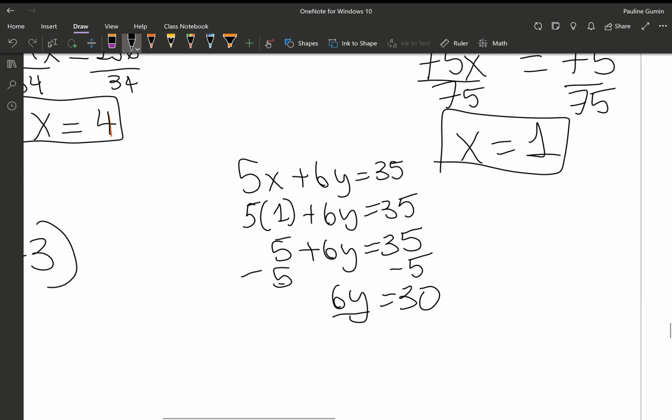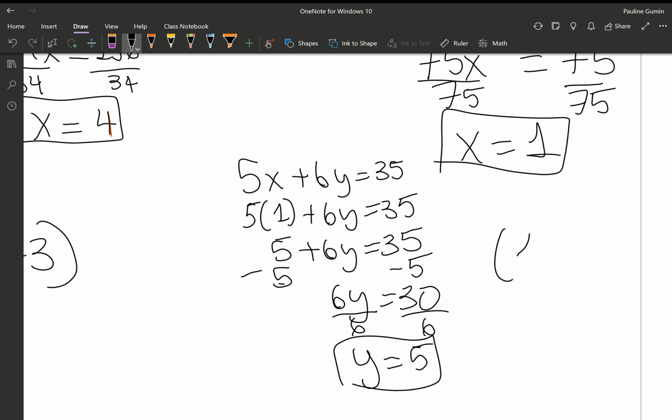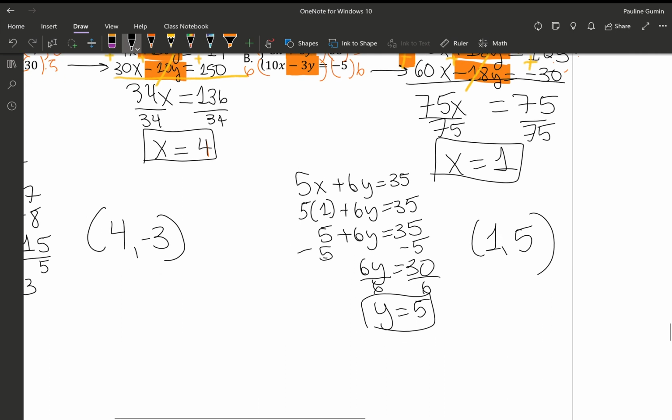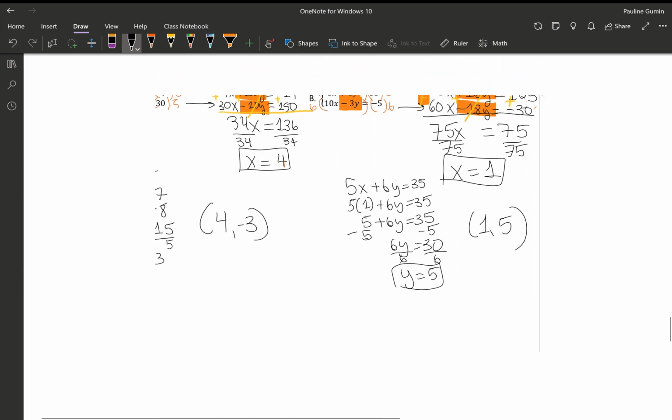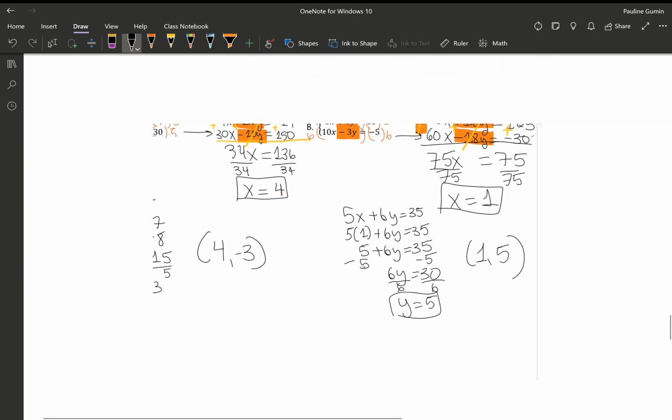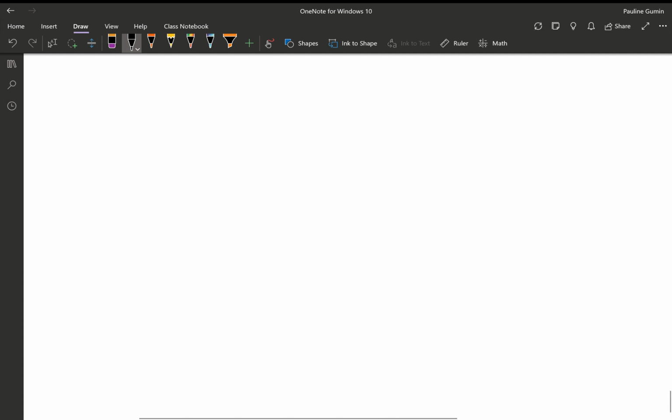And of course, I'm going to finish this up by dividing both sides by 6. Y equals 5. So our official answer here is 1, 5, because of course we write x, y. All right, so not too bad. Don't forget, you can always use your calculators to help you solve these.